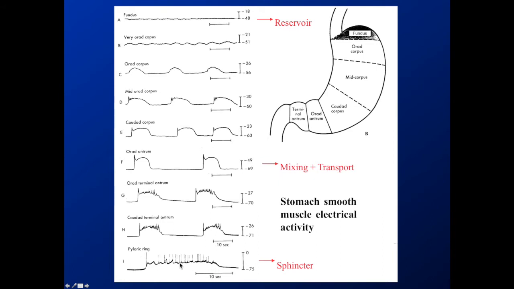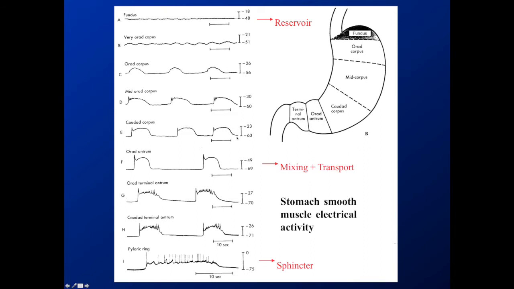And the pyloric sphincter is obviously the point at which flow out of the stomach is regulated. Now, you might notice that the slow waves have different frequencies as you go down, and this is just because these recordings are from isolated muscle cells from the specific strips.